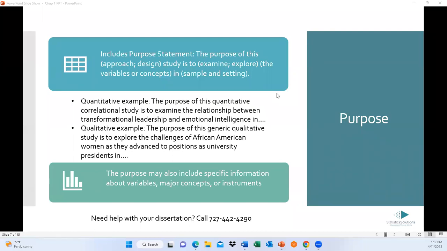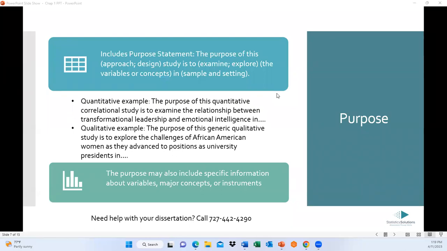The purpose of this quantitative, that's your approach, correlational, that's your design in this example, study is to examine the relationship between transformational leaders and emotional intelligence. Those are the factors you're studying, in whatever sample and setting, in middle managers, in businesses in the Northeast, whatever your sample happens to be.